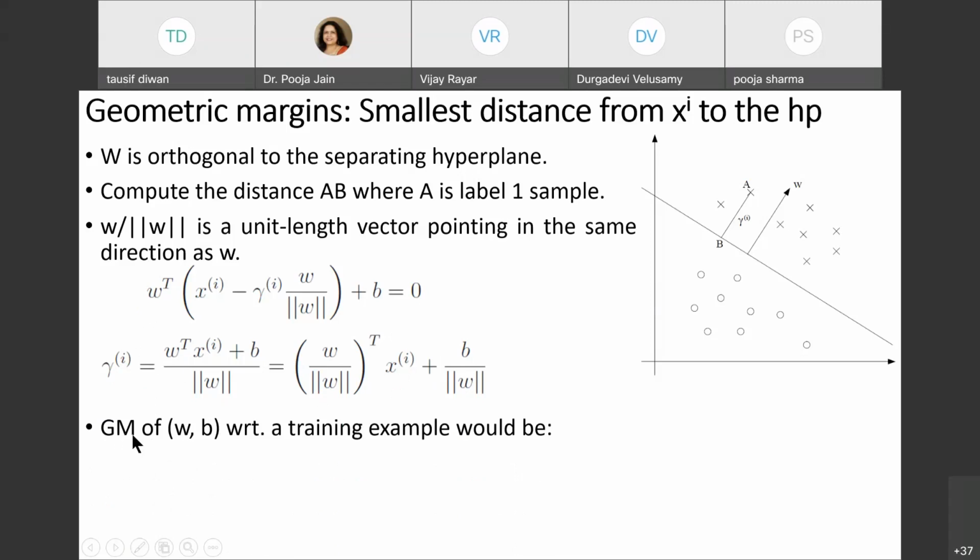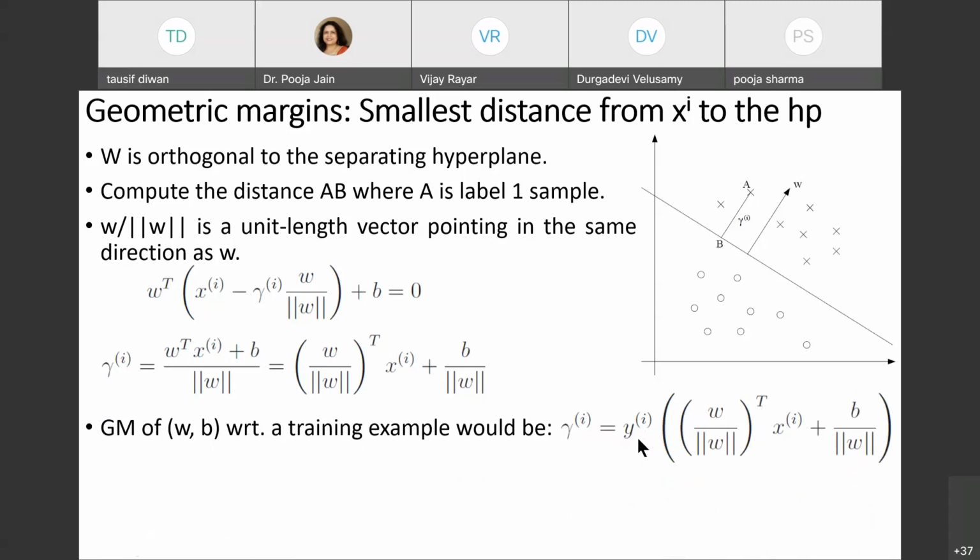So the geometric margin of W, B for a training example would be this. Gamma i is equal to yi multiplied by this entire expression, where yi is nothing but the label. If this label is +1, then this entire expression should be positive.